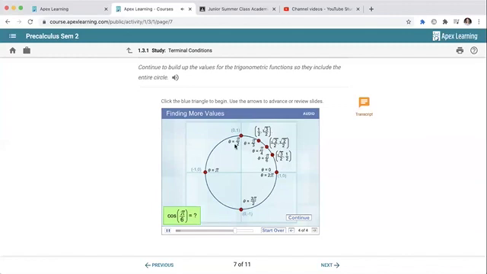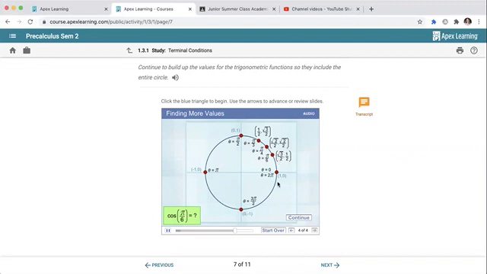Okay, so again, now that we have these major points here, we can then solve, like you said, these trigonometric equations. Regardless though, we know that cosine of theta is equal to x. So if I have cosine of pi over 6, I go to the location of pi over 6. What's its x coordinate? Oh, it's square root of 3 over 2.